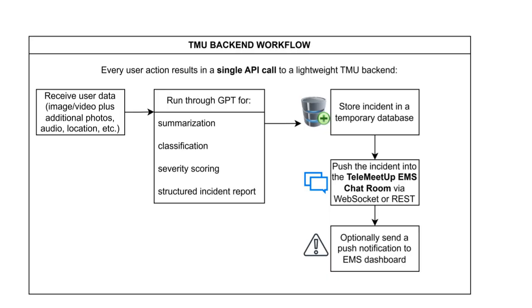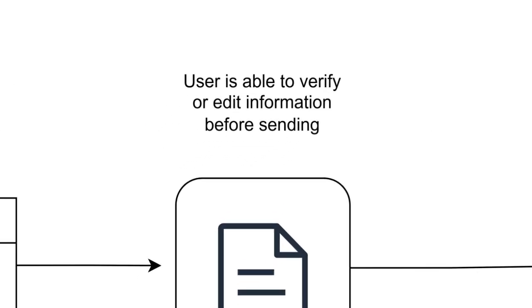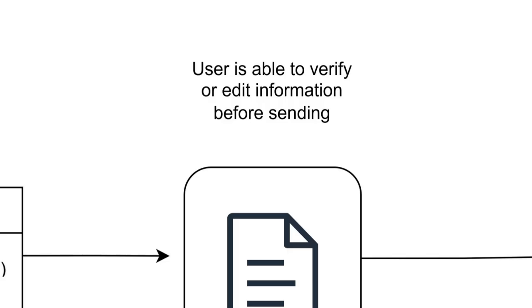But it does not automatically dispatch units or send responders on its own unless an organization specifically enables that behavior. Users still verify reports before sending them. Dispatchers still control deployment. AI accelerates and enhances the process, but it doesn't replace human judgment in critical decisions.